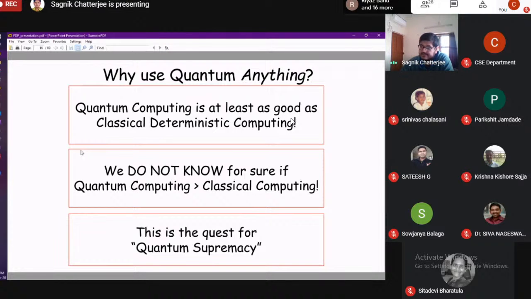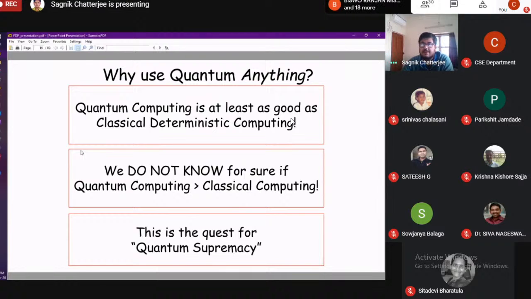So this is the quest for quantum supremacy, which basically says that if you can demonstrate that you can carry out a certain task on quantum computers which cannot be efficiently done on classical computers, you are said to have achieved quantum supremacy. Now, the hands-on part, I'll show you the algorithm. That algorithm has been proved theoretically to demonstrate quantum supremacy, but quantum supremacy is inherently a practical aspect.